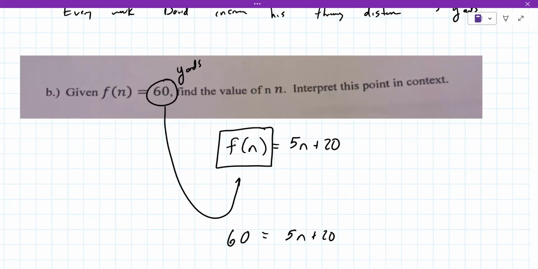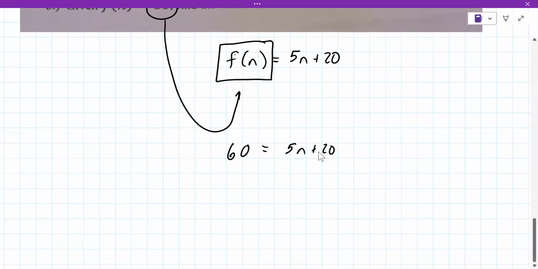Okay, so how do you solve this equation down here in the bottom? Would you start off with dividing or multiplying anything? Well, you've got addition and multiplication. Which do you want to do first? Addition, right? So you subtract 20 from both sides. And that would be 40 equals 5n.